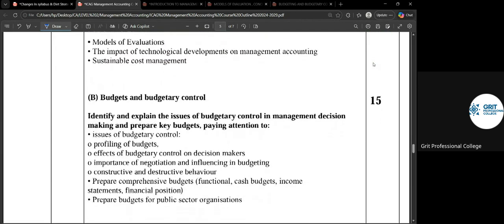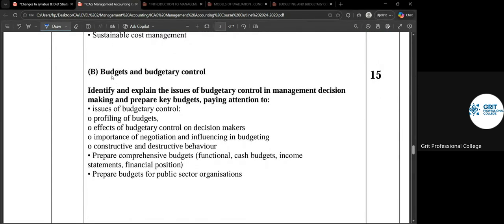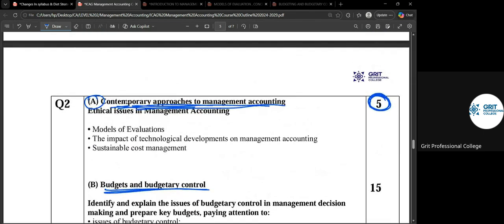Then the other 15% will come from budgets and budgetary control. You can assess this yourself when you take past questions from November 2024. You are going to see how the examiner has presented the questions. When you take your question 2, you know it's under budget, and then some issues under the contemporary approaches.